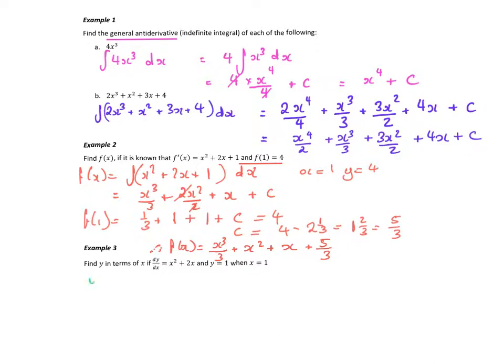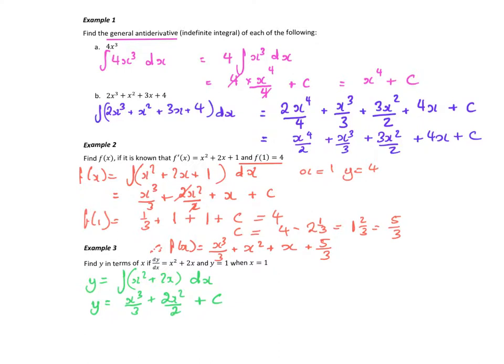So we know that y is equal to the integral of x squared plus 2x dx. And we've got our coordinate, but let's do this first. So y is equal to x cubed on 3 plus 2x squared on 2 plus c.